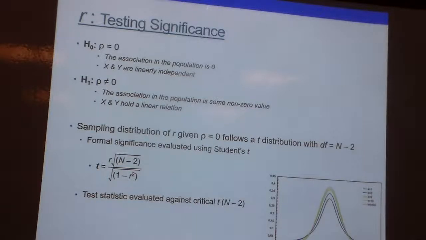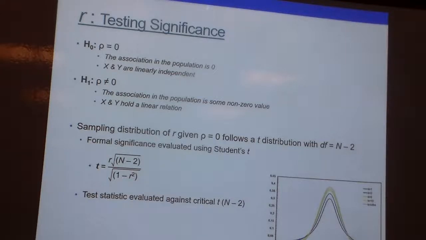Makes it easy. Specifically, to get our test statistic for testing our correlation coefficient on whether or not it's reliably different from 0, we're just going to take our correlation coefficient, multiply that by the square root of n-2, and take that over the square root of 1 minus the square of our coefficient. Gives us a t statistic that we evaluate on n-2 degrees of freedom.